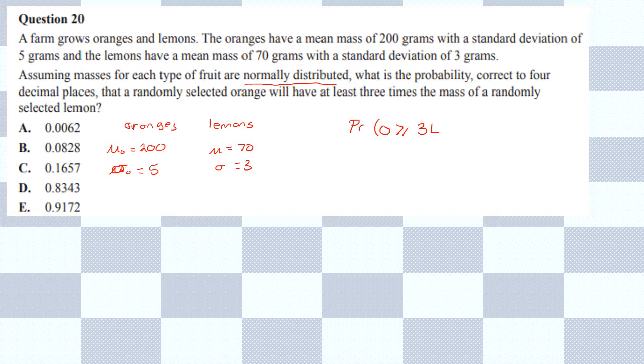Now we've got a few things to consider, because this is where it's going to get a little bit tricky. We've got 3 times the mass of a randomly selected lemon. This means that we're changing the scale.